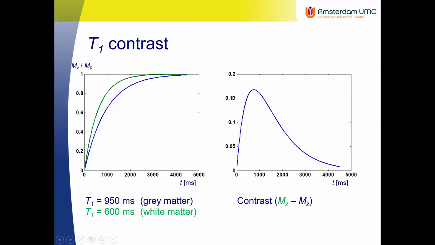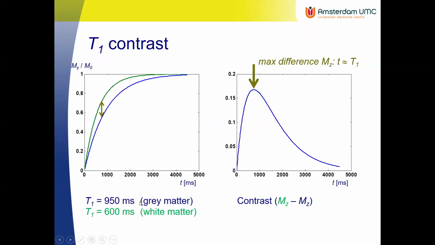So this is the curve that draws the signal difference as a function of time between the gray matter and the white matter. And I see there's an optimum in signal difference if I'm interested in getting signal difference between gray matter and white matter. The moment in time when the maximum difference between the curves happens is roughly the same time point as the T1 value of the tissues.